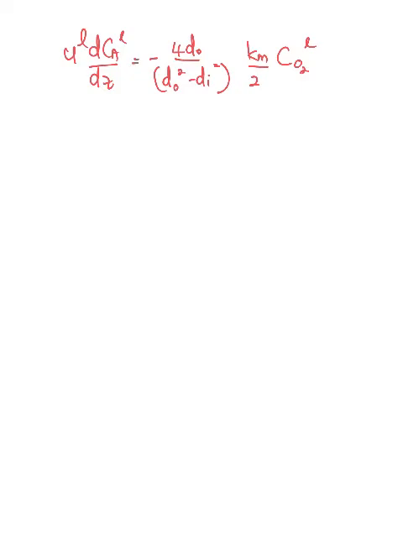So Km equals Sh DO2 per D. This D is not the outer diameter or the inner diameter, but the diameter where the reaction, or where the mass transfer, occurs.